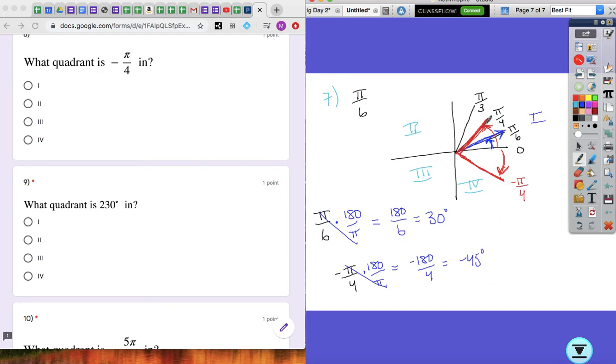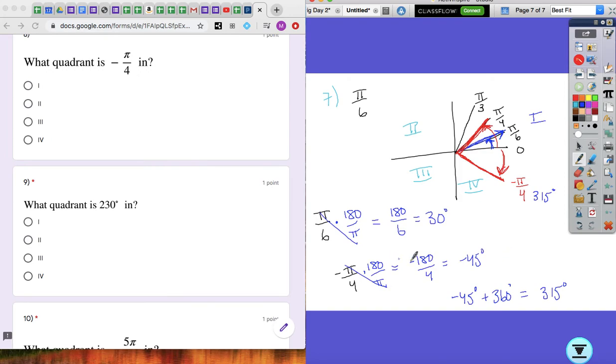So instead of going positive 45 degrees, we'd be going negative 45 degrees. So that would be going clockwise. Or if you didn't like that and you wanted to make it a positive angle, you could add 360 degrees, and then you'd get 315 degrees. And if you look at our charts from before, 315 degrees was right here.